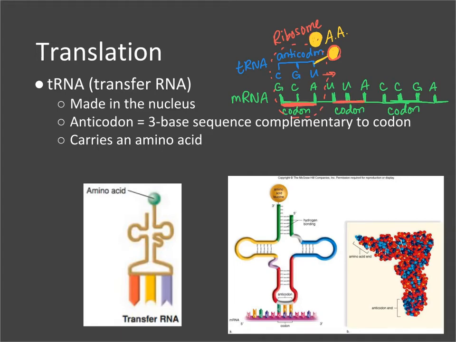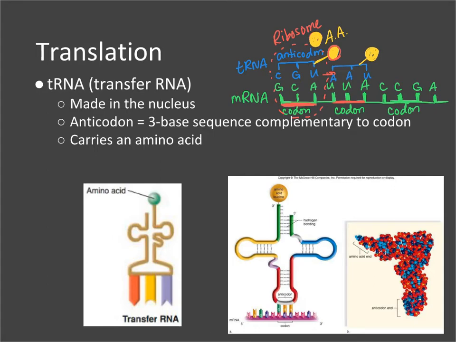And so another molecule of tRNA is going to come in, and it's got to be complementary to this codon. So in this case, it would be AAU. And this tRNA would have a different amino acid attached to it.